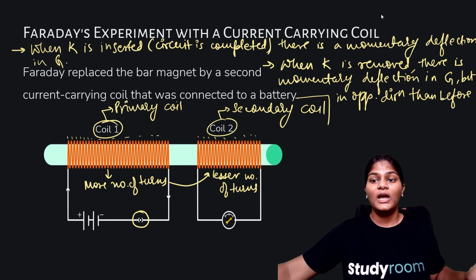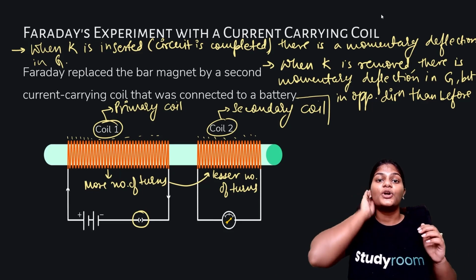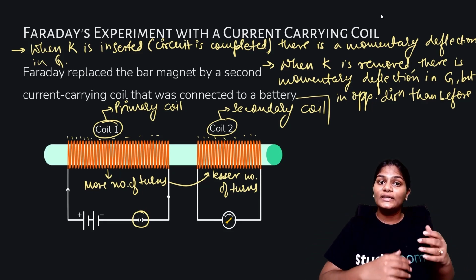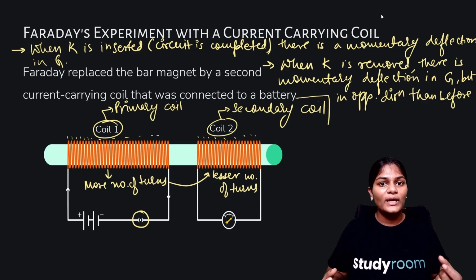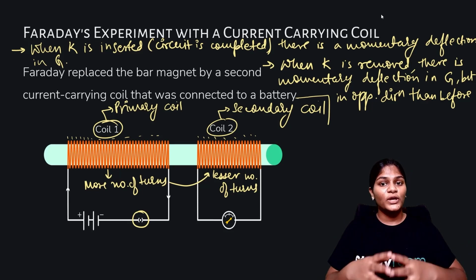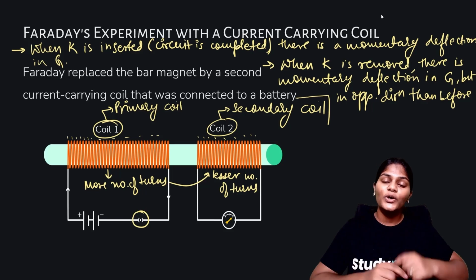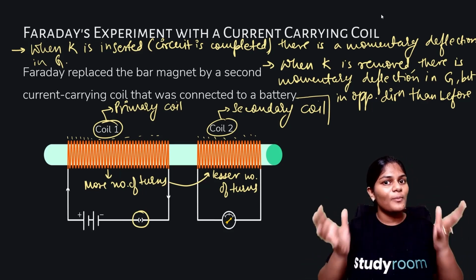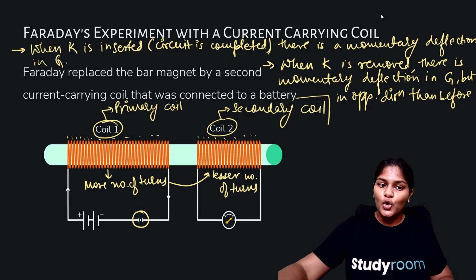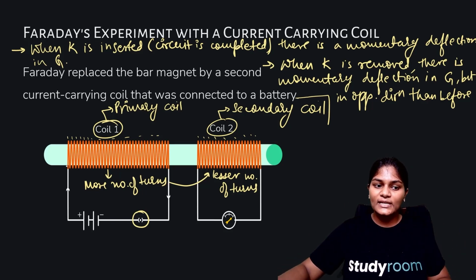Okay. So now if you connect this to what you had previously studied, that current in a wire gives rise to a magnetic field, right? So this coil 1 has current in it, right?